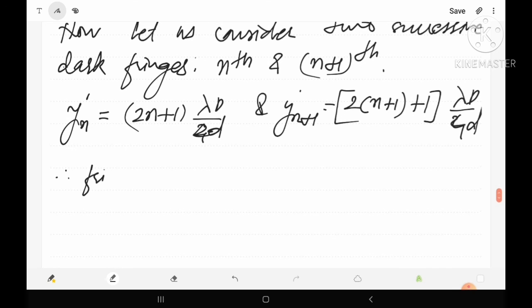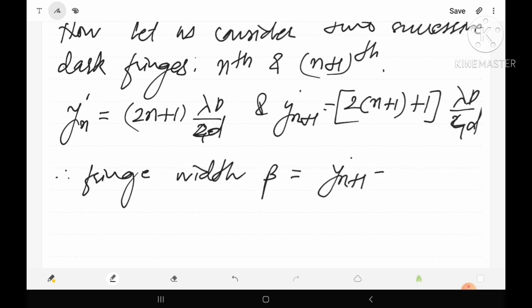Therefore the fringe width beta is equal to yn plus 1 dash minus yn dash.